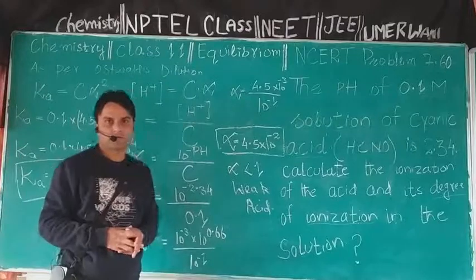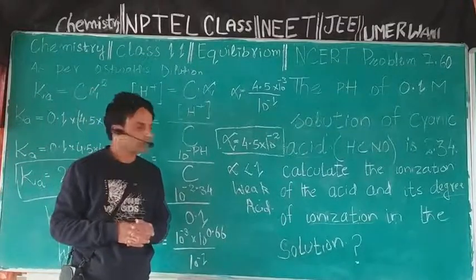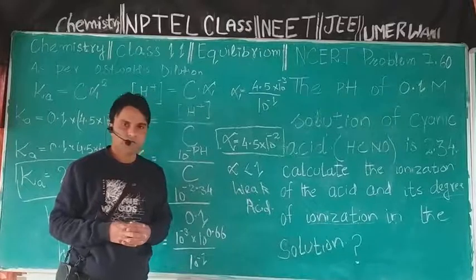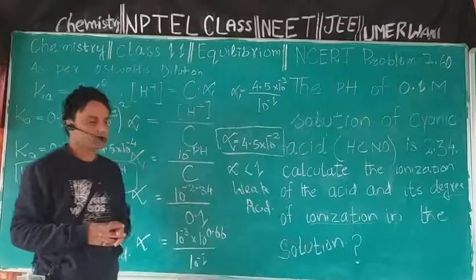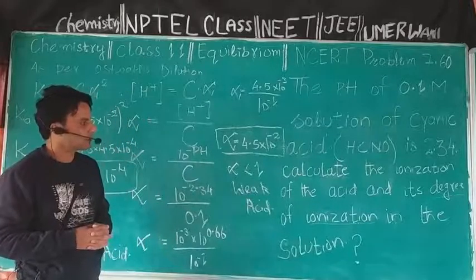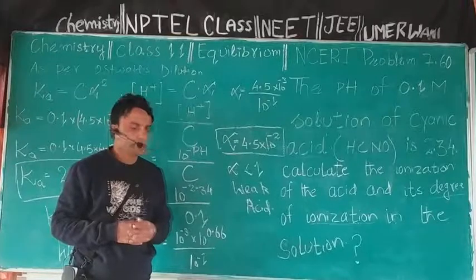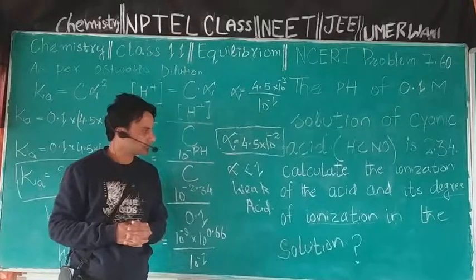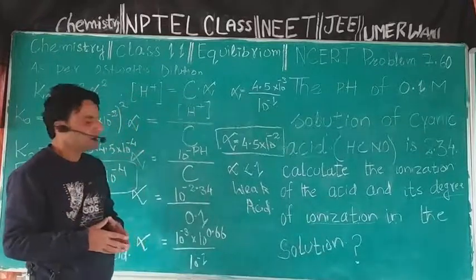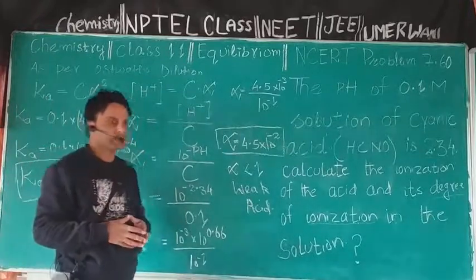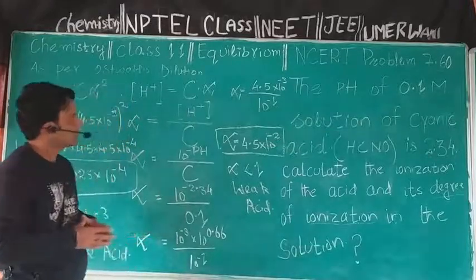Let me recall this problem once for you. For this problem, first we identified what we got. We have a solution of cyanic acid of known molar concentration 0.1 molar and known pH 2.34. We need to calculate its ionization constant and degree of ionization in solution. What we needed to know is how we can relate molar concentration and pH with the ionization constant and degree of ionization.